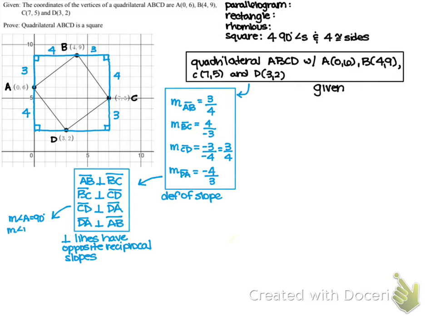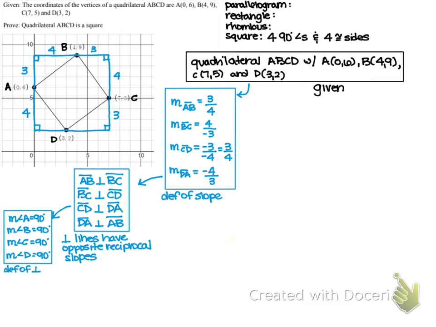Measure of angle B, that's 90 degrees. Measure of angle C, also 90 degrees. And measure of angle D is also 90 degrees. So from here, well, how did I know that? Well, that's what perpendicular actually means. So this is going to be the definition of perpendicular.